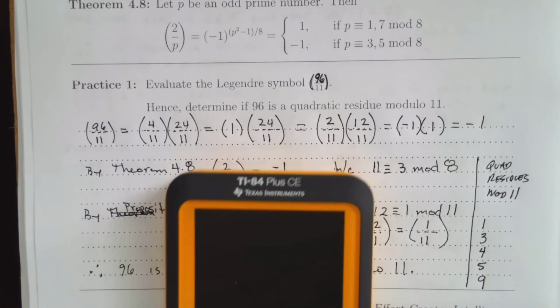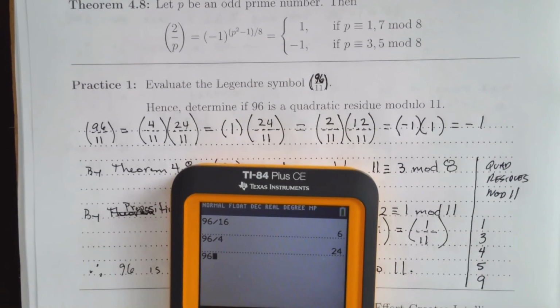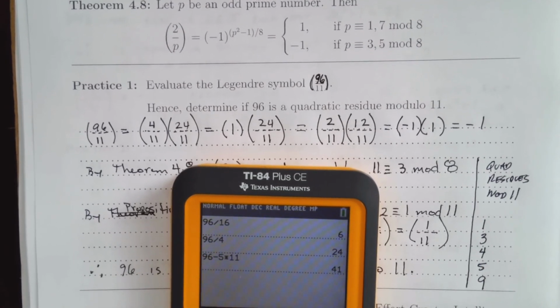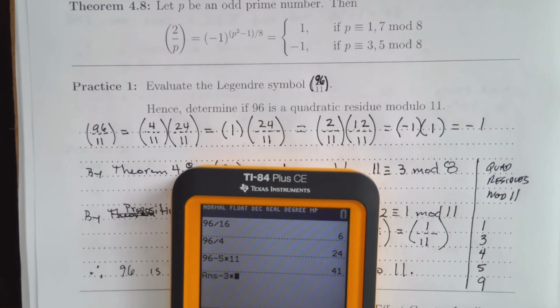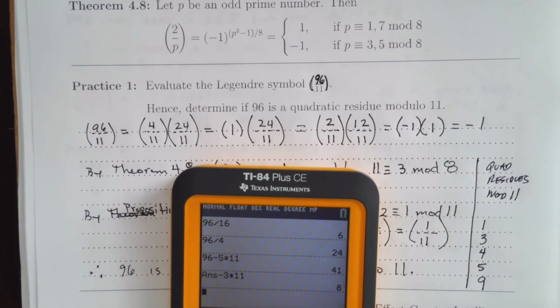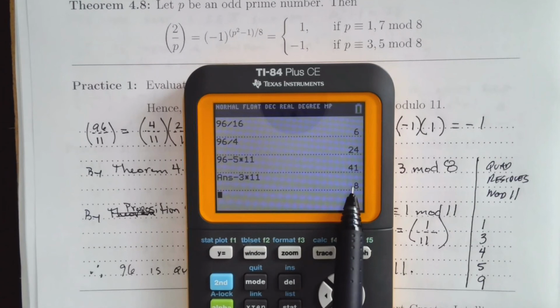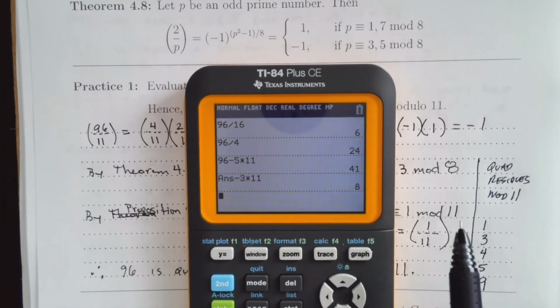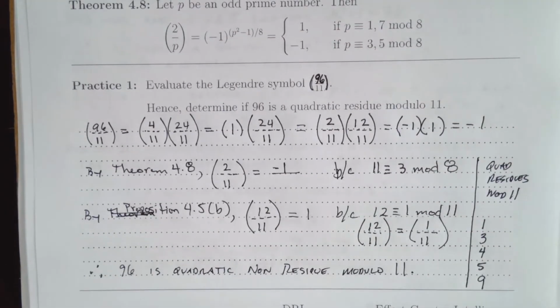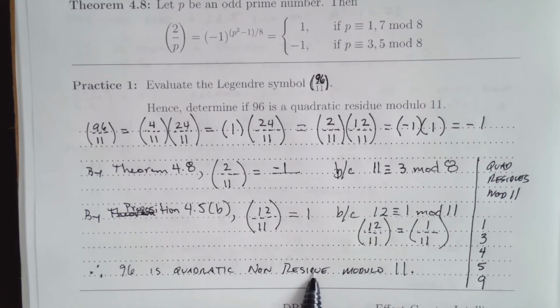And then we could say, okay, well, 96 minus 8 times 11 gives us 8. That 96 is equivalent to 8 modulo 11, and we notice that 8 is a quadratic non-residue. So that's a way that we could go through and double check our work.